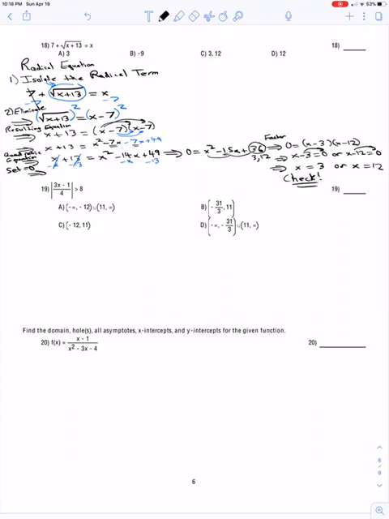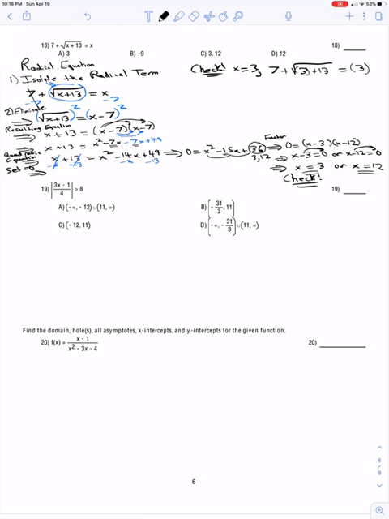We have the possibility of what we call extraneous solutions. So let's check our answers. Let's start with 3. So x equals 3, as we plug that in, that would be 7 plus the square root of 3 plus 13 equal to 3.